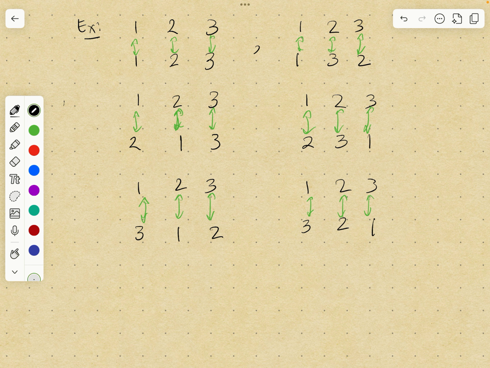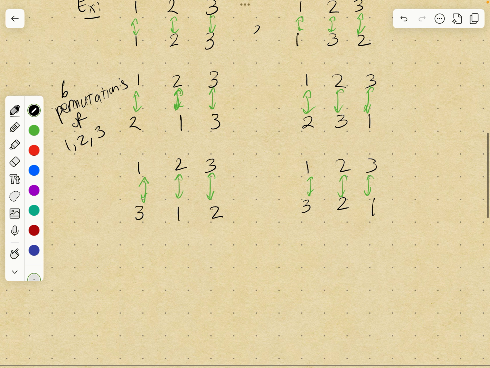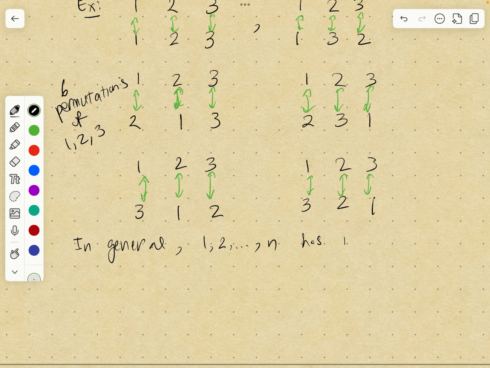So this one has 6 permutations, and there's 2 permutations of 1, 2. And in general, if you have 1 to n, this has n factorial permutations.